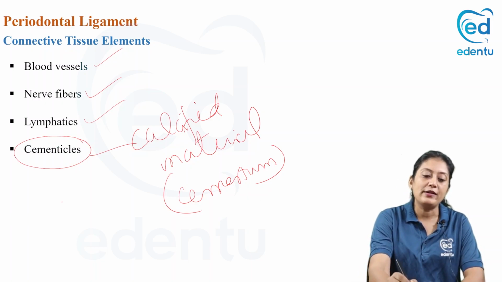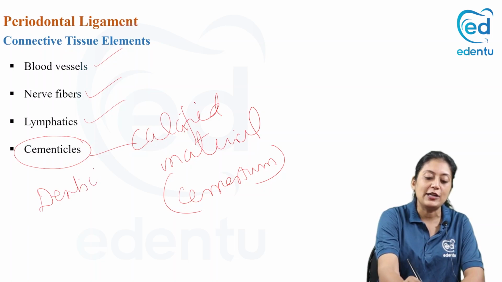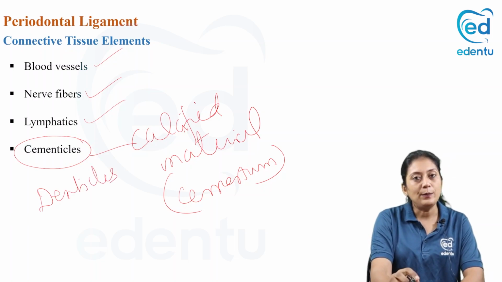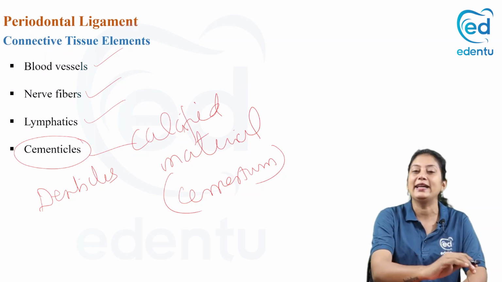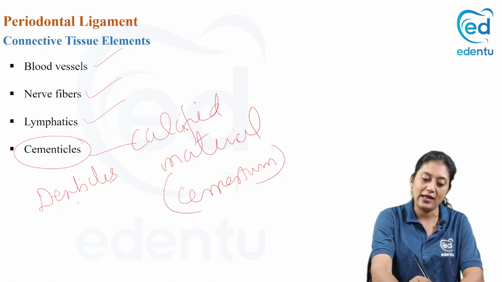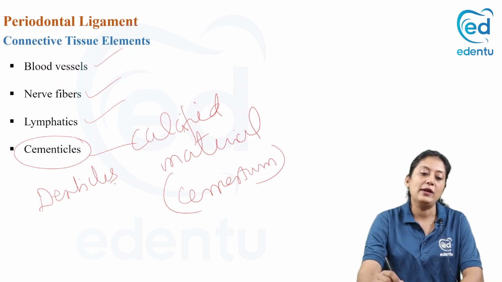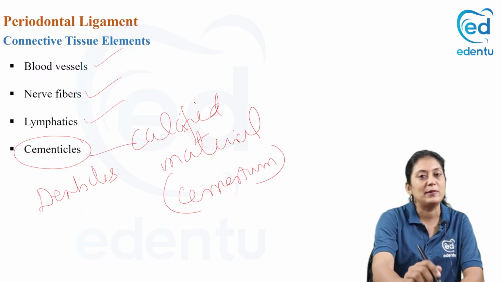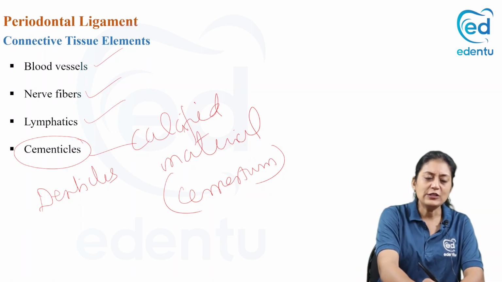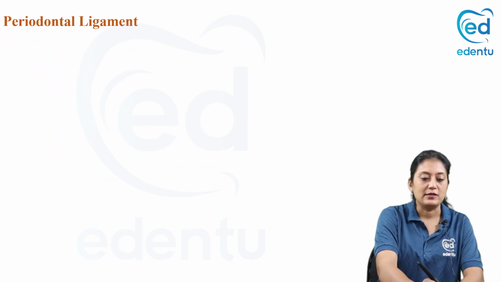This is somewhat similar to denticles that you see in the pulp. In the pulp, which is also a soft tissue, you can see calcified material which looks like dentin, so they are called denticles. In the same way, in the periodontal ligament, you can see calcified material which looks like cementum, so they are called cementicles. Not always, but sometimes you can see cementicles within the connective tissue element of the periodontal ligament.